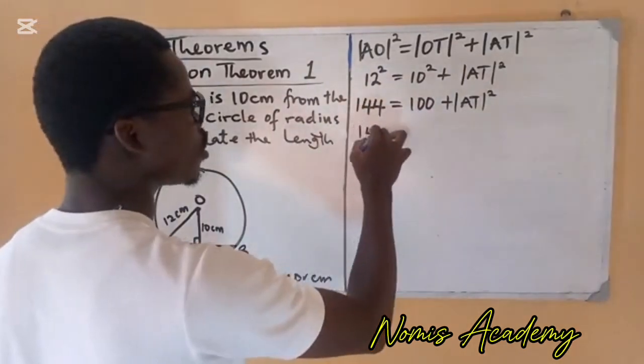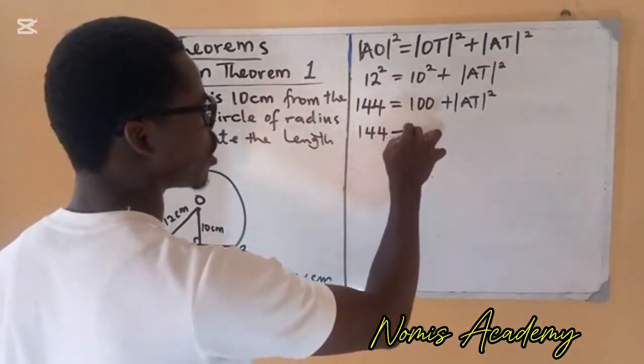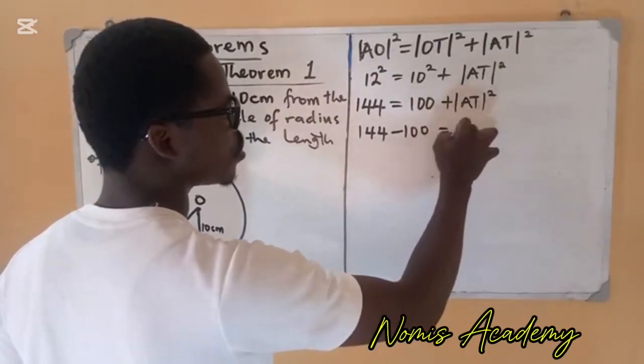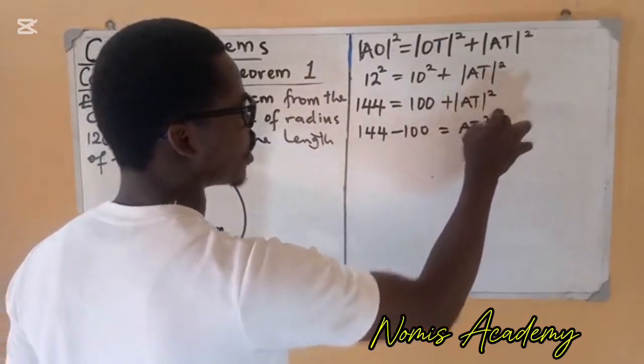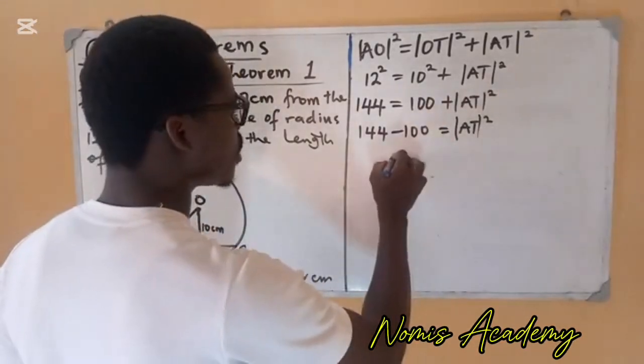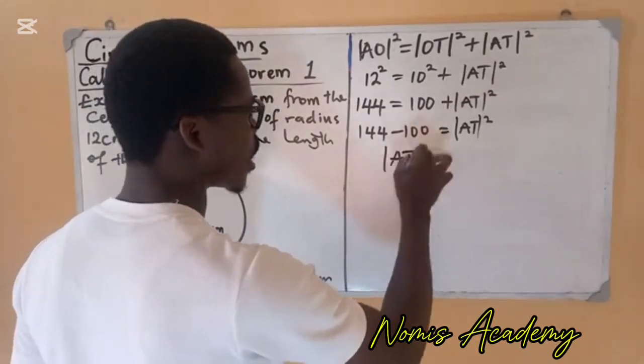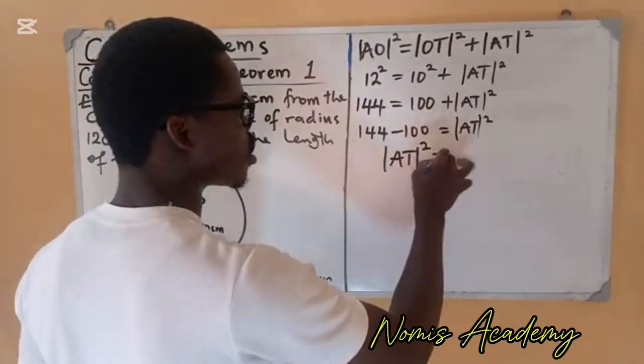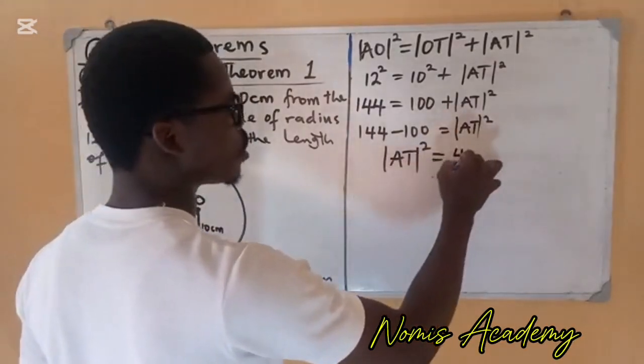It becomes 144 minus 100 equal to AT square. So AT square is equal to 44.